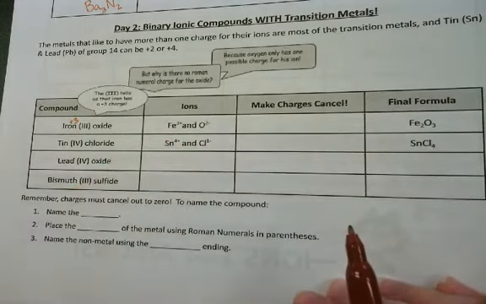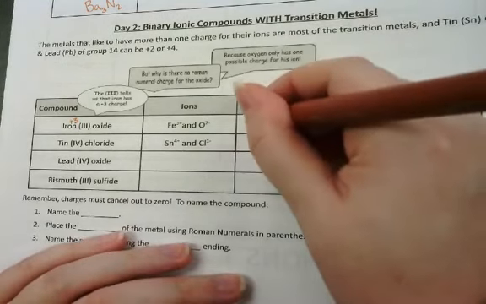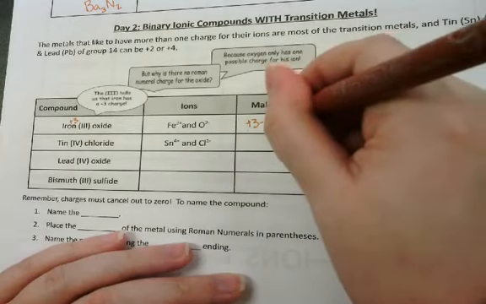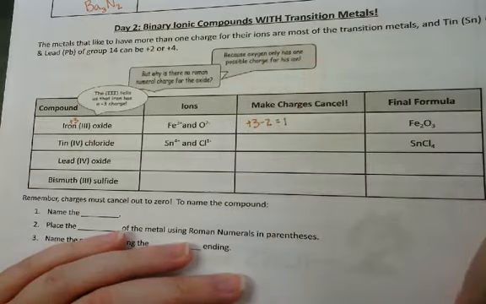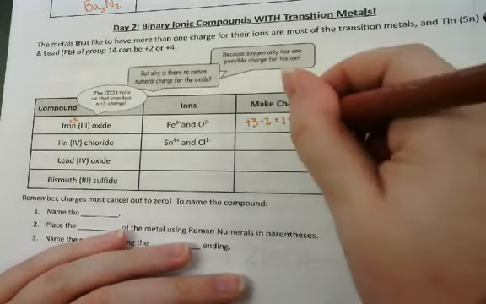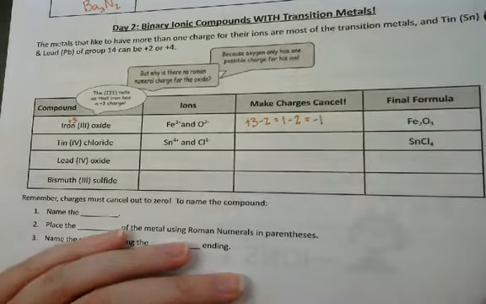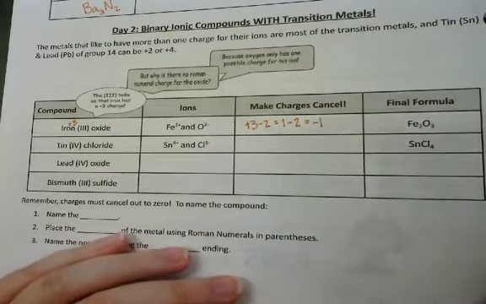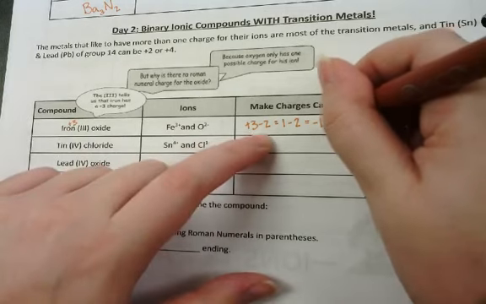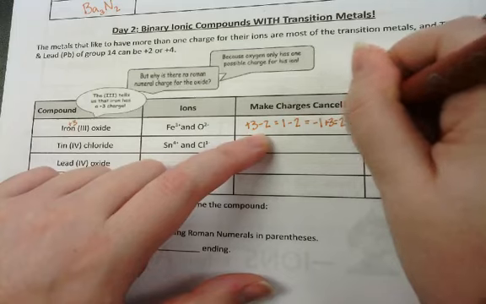Now we need to make these charges cancel, so they need to add up and equal 0. So if we do that, we have +3 minus 2, okay? That equals 1. Well, 1 isn't 0, I need to get that lower, so I'll add another -2. That equals -1 now. So I can only add a +3 and a -2, so I add a +3, that gives me +2. -2 gives me 0.